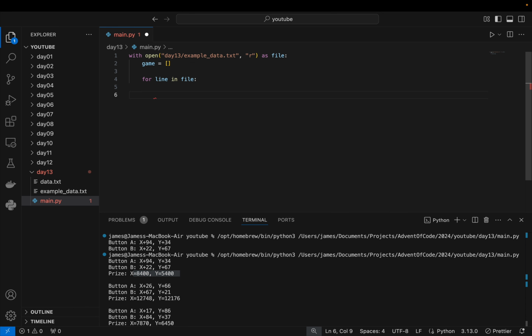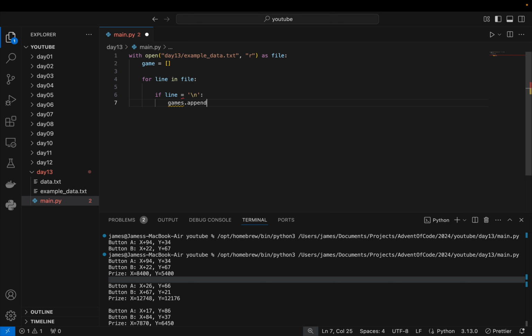So if the line is a new line, so if it's one of these new line characters here, then we know that we're at the end, and we're going to say the game that we've been making, we're going to append that.